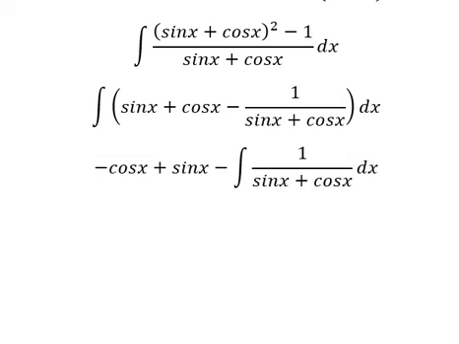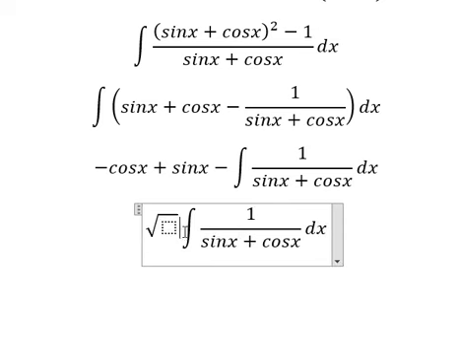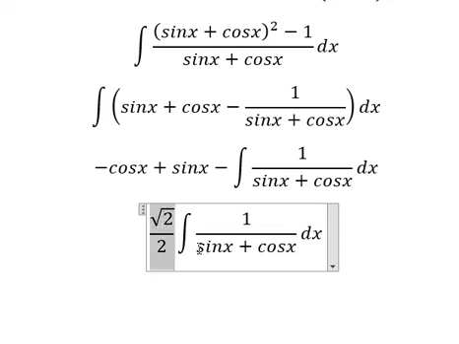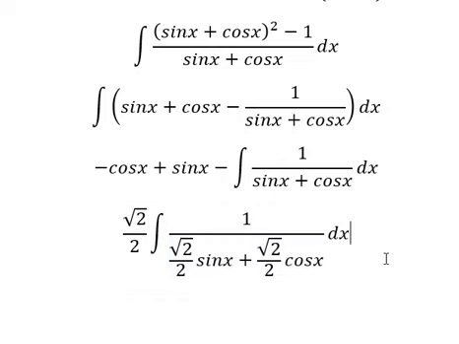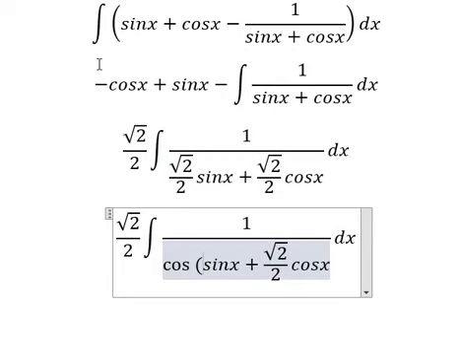Next, I need to multiply by the square root of 2 over 2 on the numerator and the denominator. This one is cosine of b over 4.